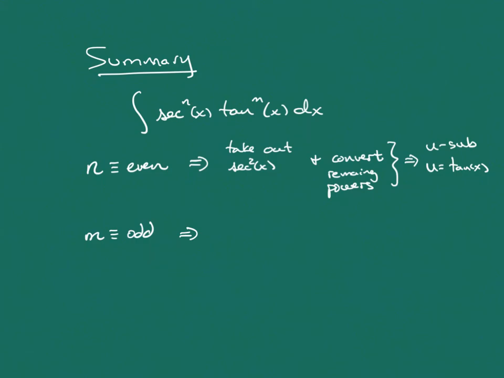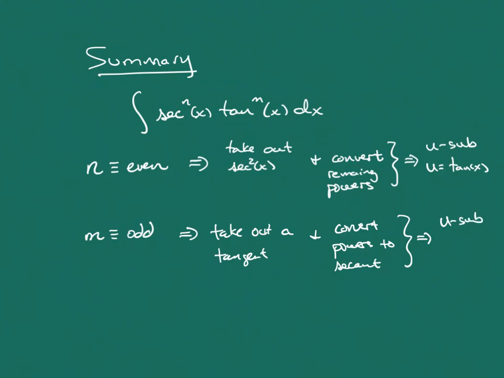Well, now we take out a tangent, we convert the remaining powers to secant, and then what this sets us up for is to do a u sub with u equal to secant of x. And so those two strategies are what we have in play for this set of problems.